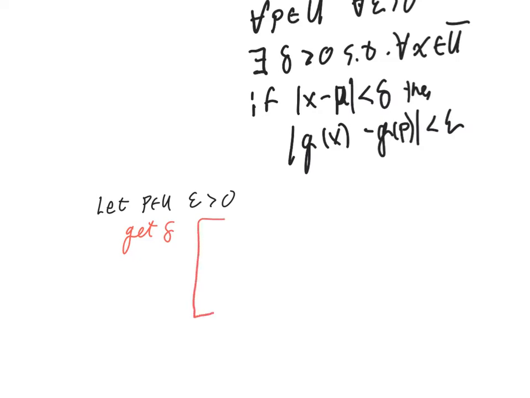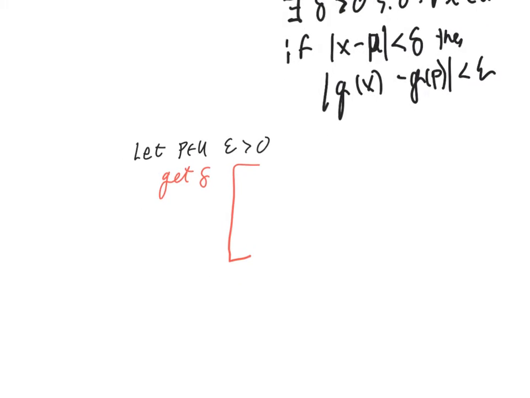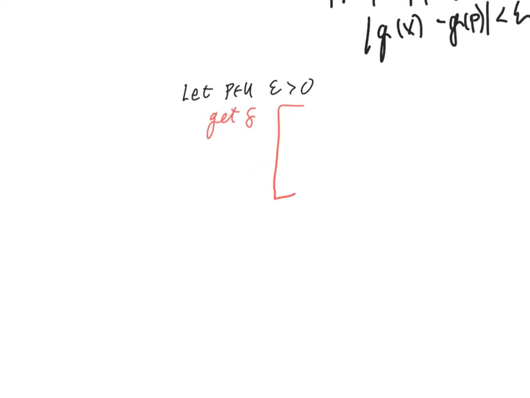And maybe I'll give myself some space for the things that I will need delta to satisfy. Then I'll get to let x be in U, and I'll get to assume the absolute value of x minus p is less than delta.